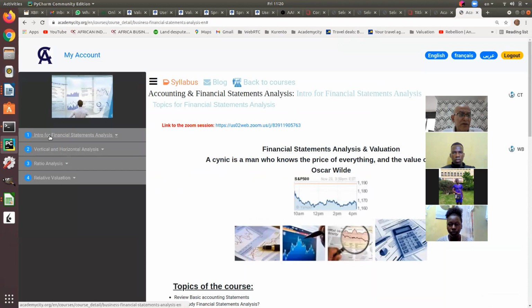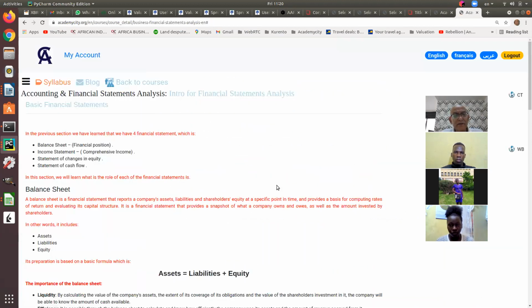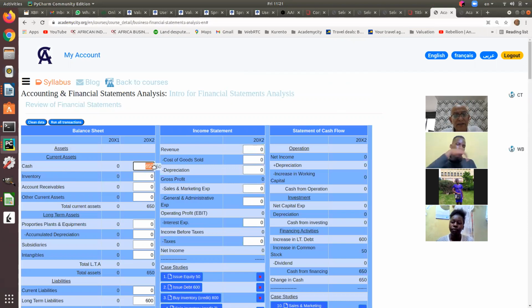I mentioned to you, go ahead and read this document. This is a beautiful document. And this equation, that's called the accounting identity. So it is by definition. Why does it always hold? Because the assets will always be equal to liabilities plus equity, which means that the total assets that we have for now is only 650 because we have only cash in the company.